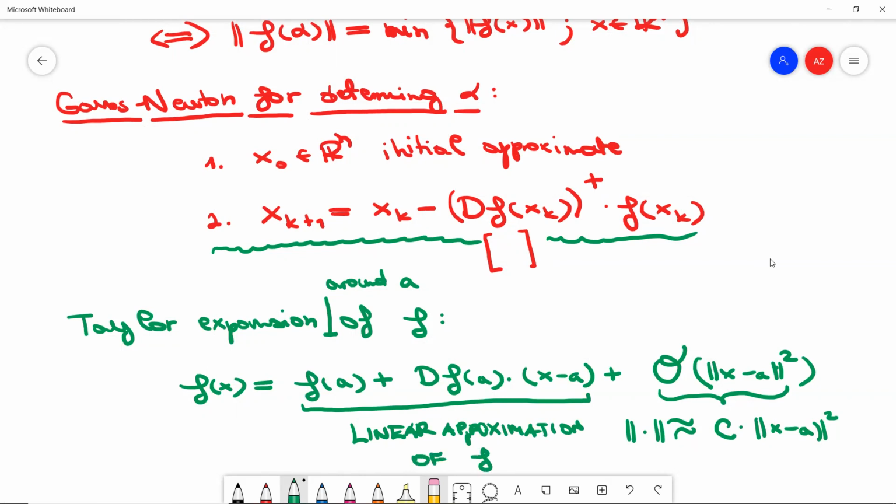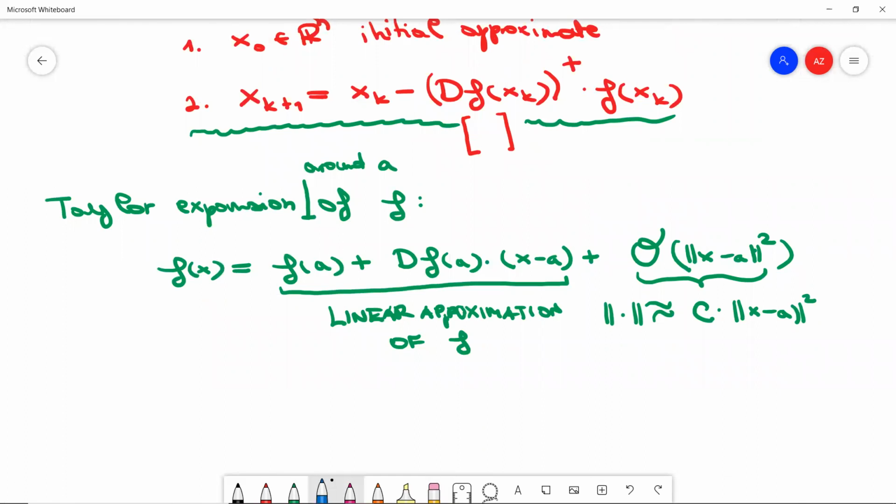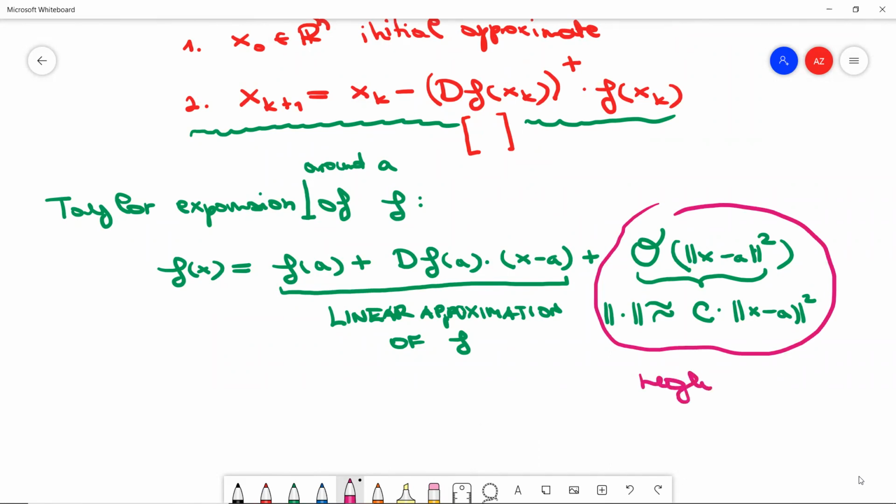And this linear part is just the linear approximation of f. So this term is negligible compared to the linear approximation of f in the point a, for x which are near a.